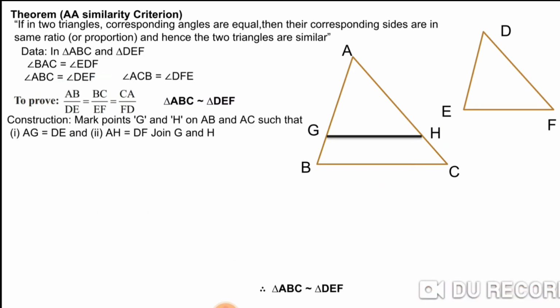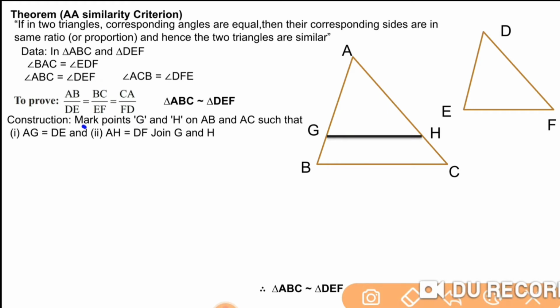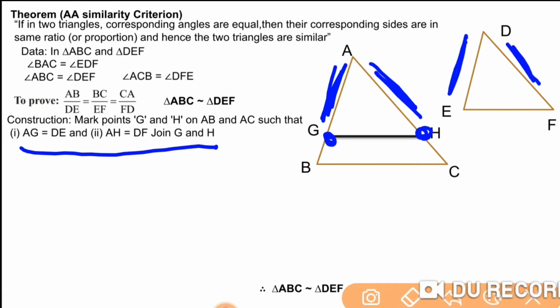In the next part, the construction, we mark points G and H on AB and AC. I have marked G on side AB, and H on side AC, such that AG must be equal to DE and AH must be equal to DF.